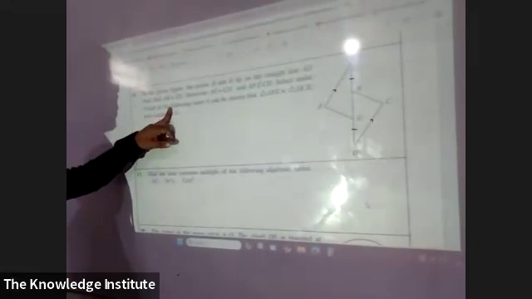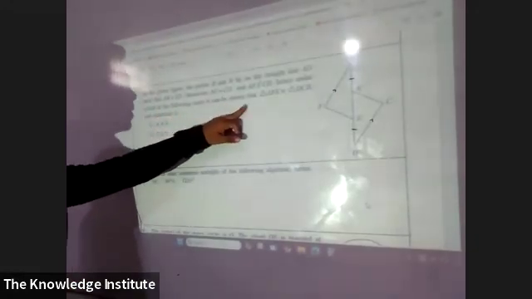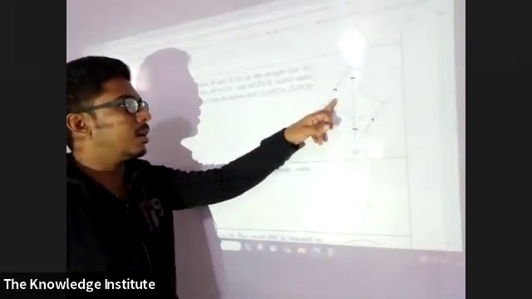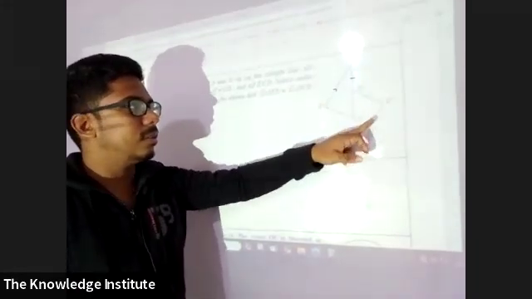Select under which of the following cases it can be shown that triangle AFE is congruent to triangle DCB.